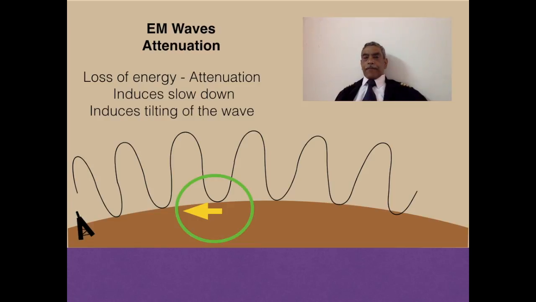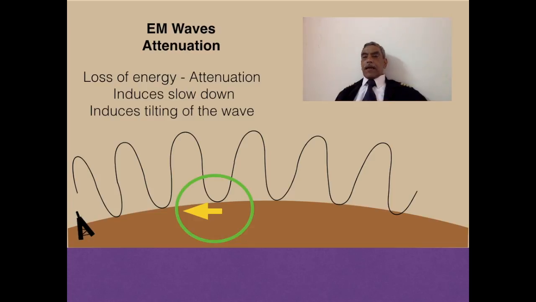That means that portion of the wave tends to slow down. So when that portion of the wave slows down, the upper portion of the wave travels at its constant speed. Therefore, there is a natural tilt which is getting induced for the wave.